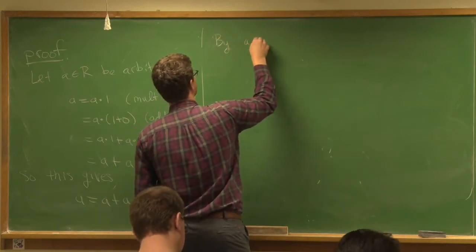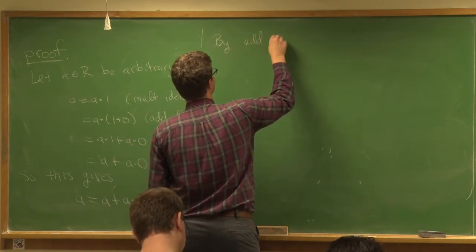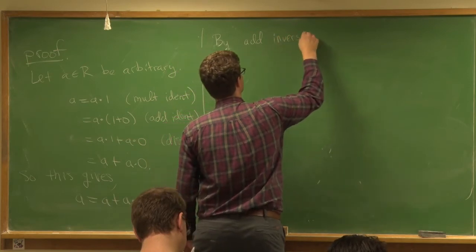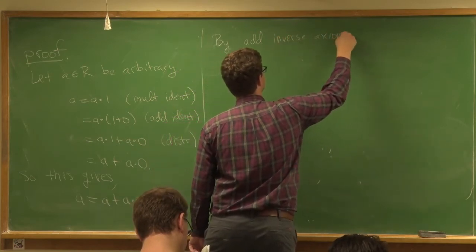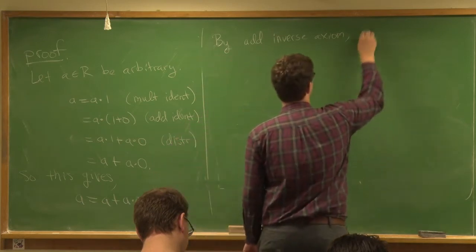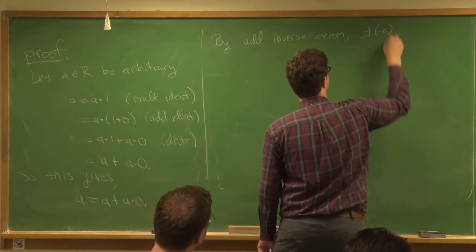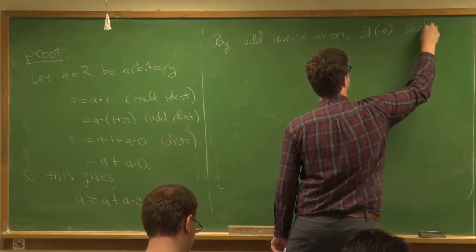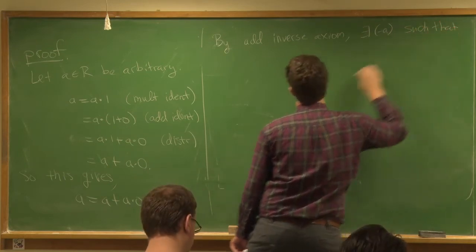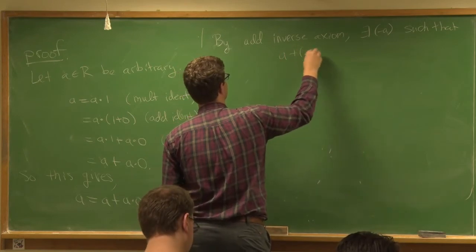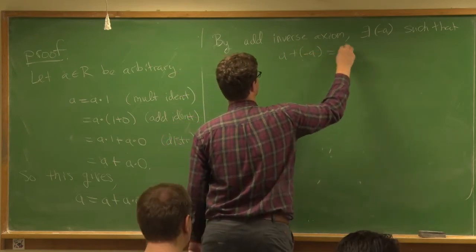By the additive inverse axiom, there exists some A inverse such that A plus negative A, or A inverse, is 0.